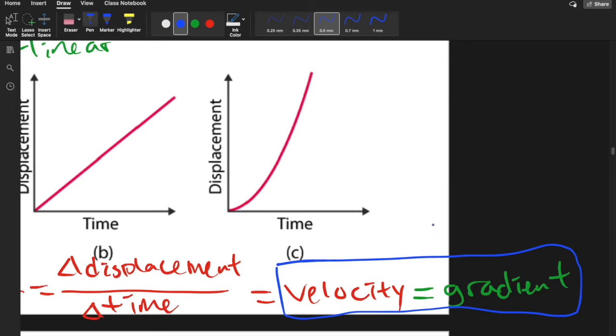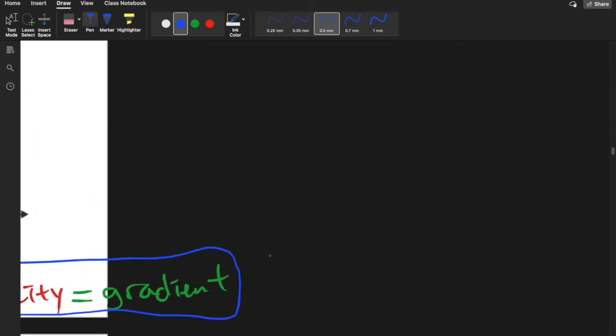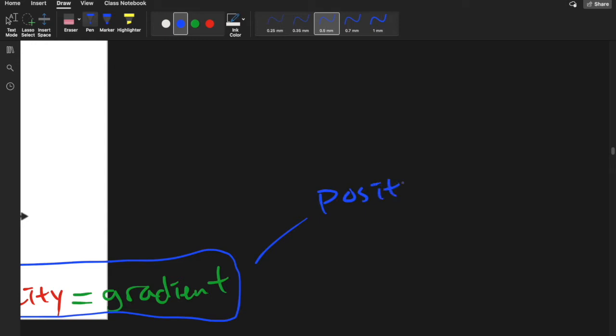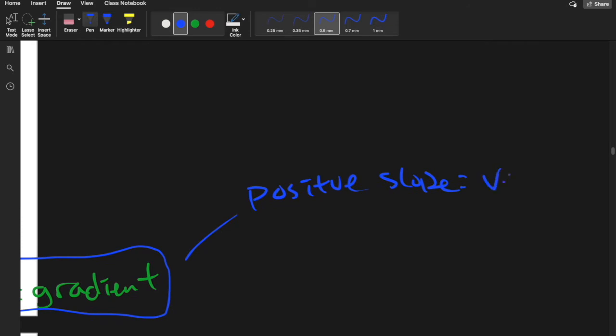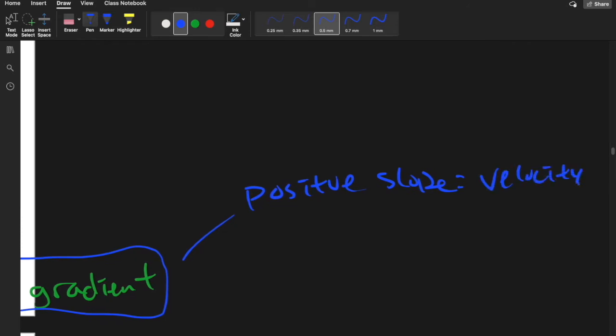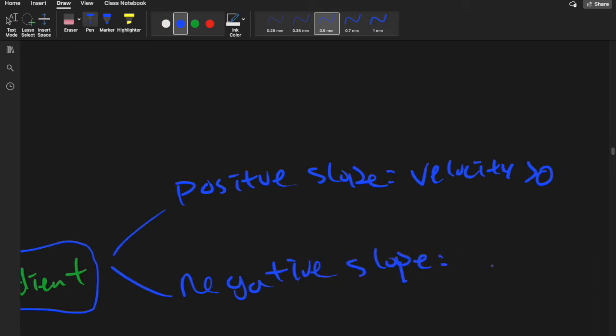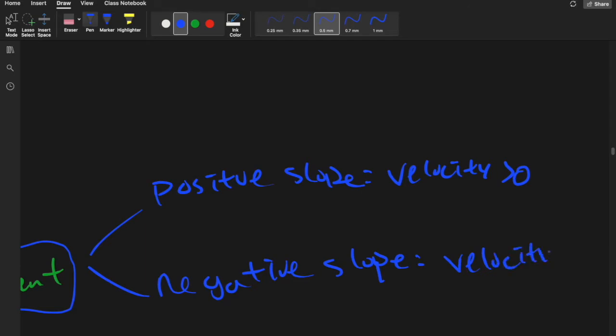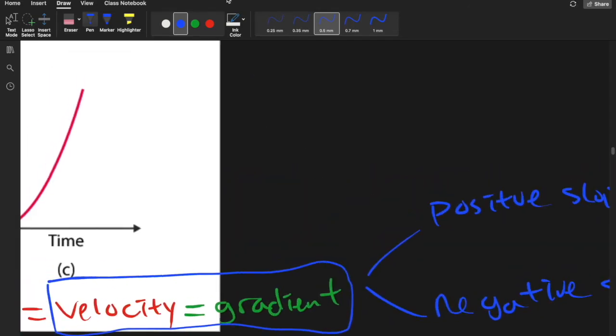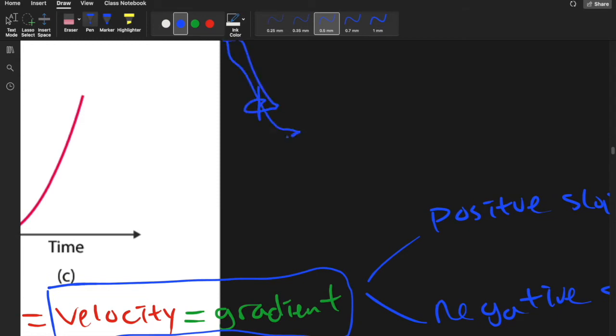Now let's think about what a positive slope means. Positive slope tells us that velocity is greater than 0, and negative slope tells us that velocity is less than 0. And then what does a linear function tell us? Let me write this down.